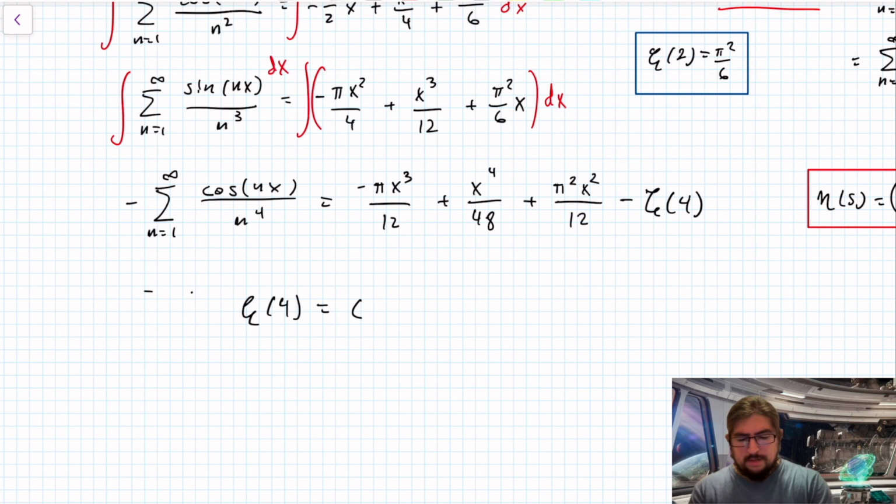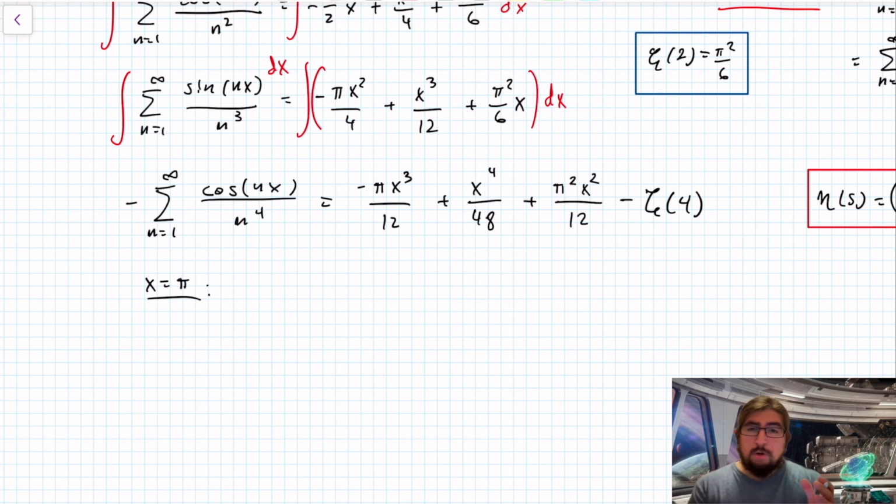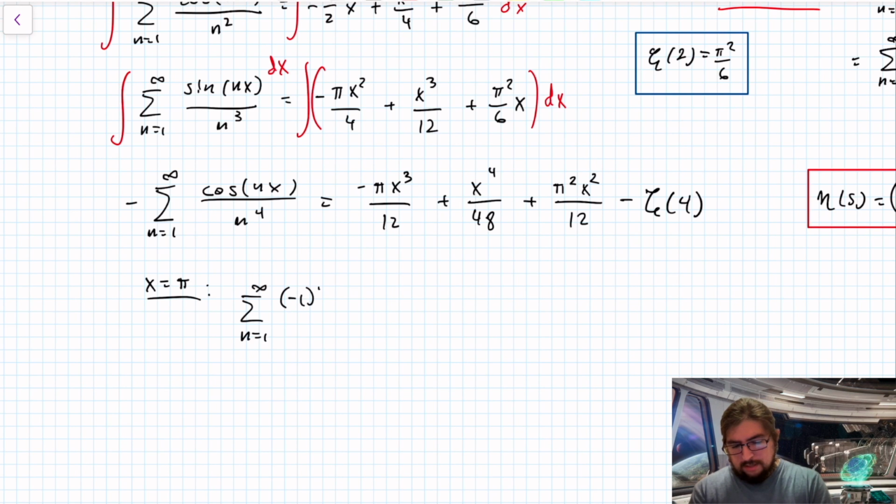Perfect. Now, much like we did earlier, we want to find what happens when x is equal to pi. So when x is equal to pi, well, cosine of pi, again, is alternating in sign. It starts with -1, though. So when you bring the negative in, it's the exact same thing we saw for zeta of 2. The super similar calculation. We get this. In fact, thinking more about this, this is just eta of 4.